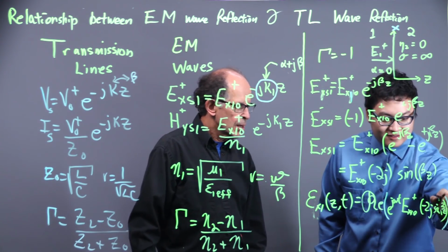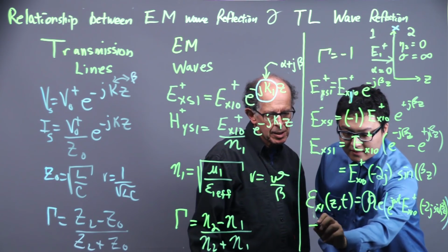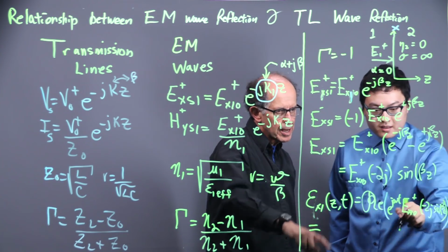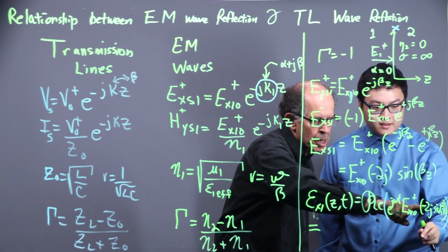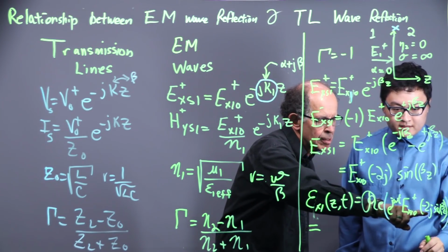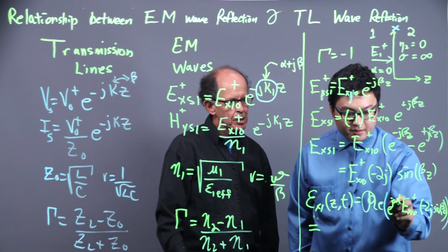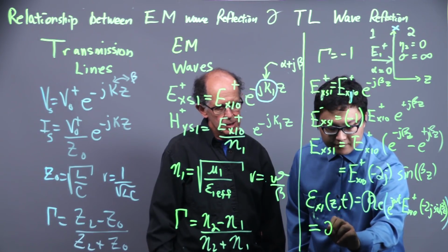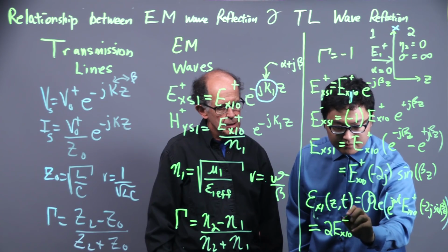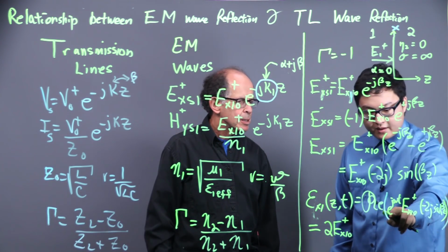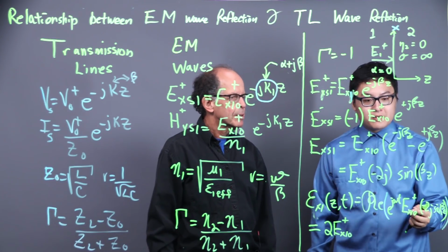All right, so let's do this together. Equals 2 EX naught. Well, this is real, this is real, and let's just leave the minus in there. So it doesn't change anything. Then this breaks into the cos and j sine components.